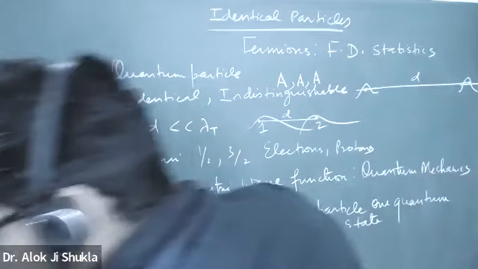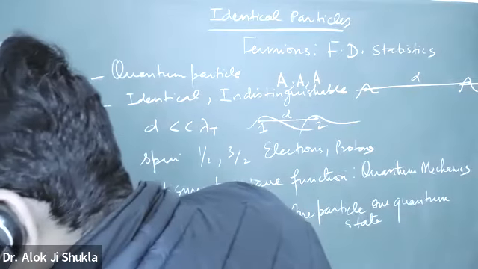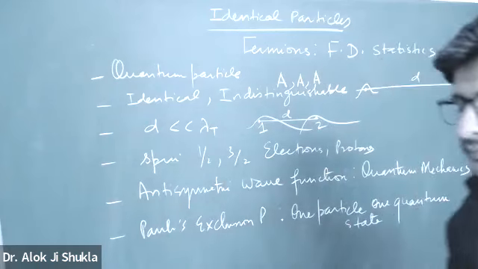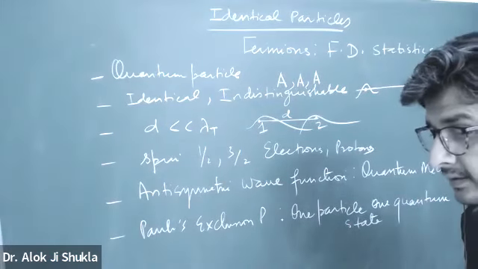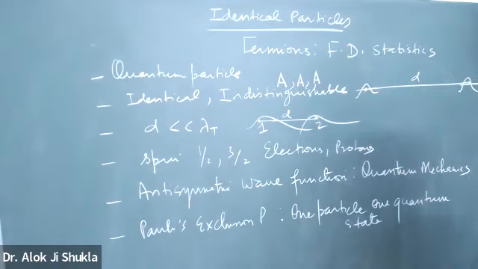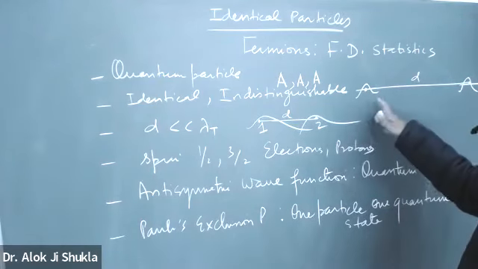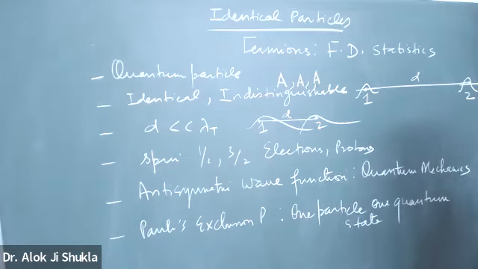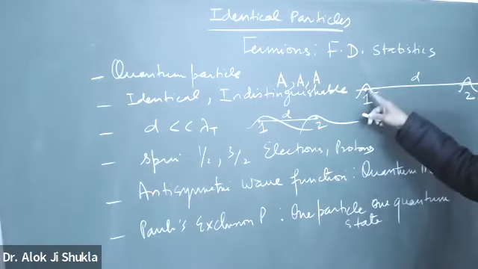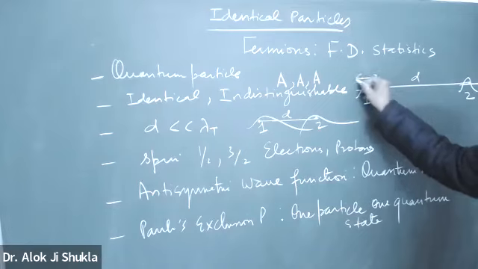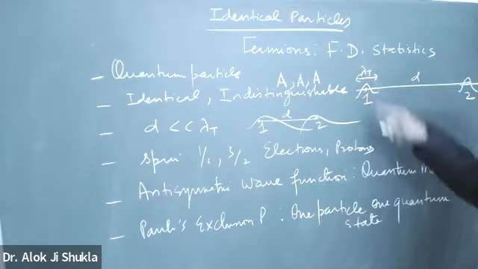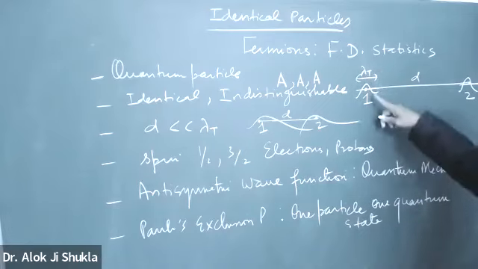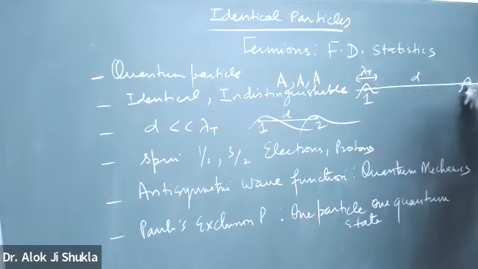Sir, can you explain the third point, sir? Which point? The third point, D less than lambda. So suppose this is particle 1 and this is particle 2, and suppose there is a thermal de Broglie wavelength associated with particle 1, and also a thermal de Broglie wavelength associated with particle 2.